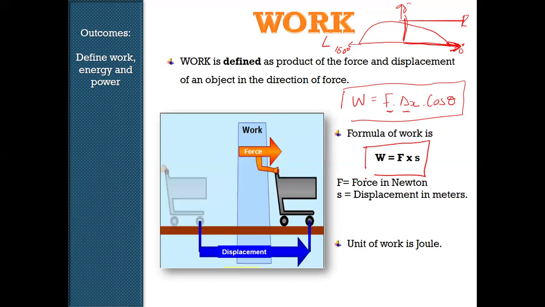And then the unit that we use to calculate work is joules, because work also refers to energy. So this is how we define work, and this is how we need to understand work. Work is due to force applied and a displacement at which the object will be moving. That's how we define work.